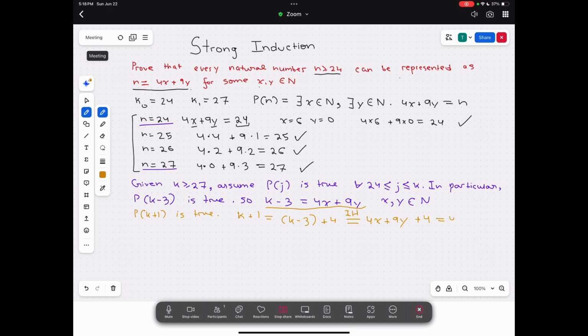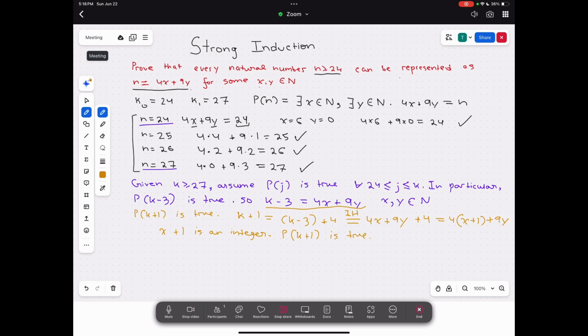And this is equal to 4 times x plus 1 plus 9y. Since x is an integer, x plus 1 is also an integer. So we found a way to represent k plus 1 as 4 times an integer plus 9 times an integer. So P of k plus 1 is true.